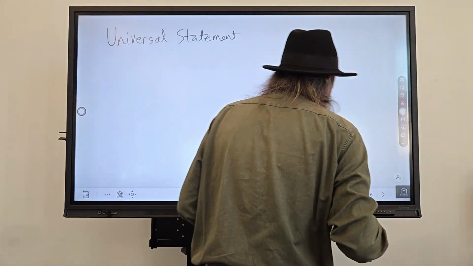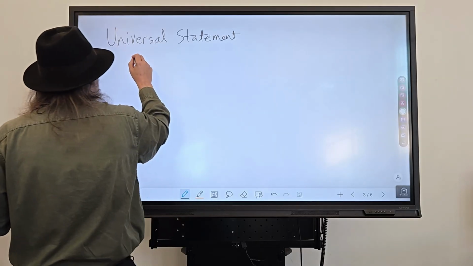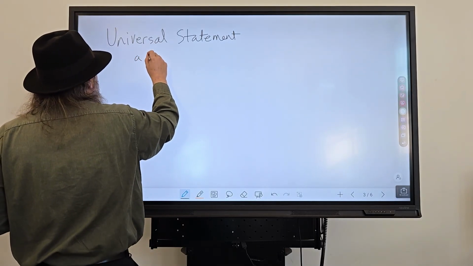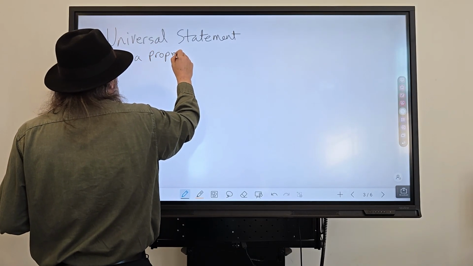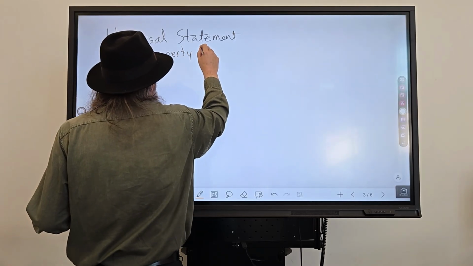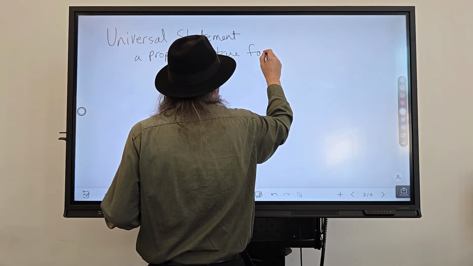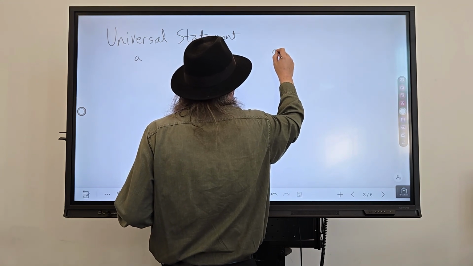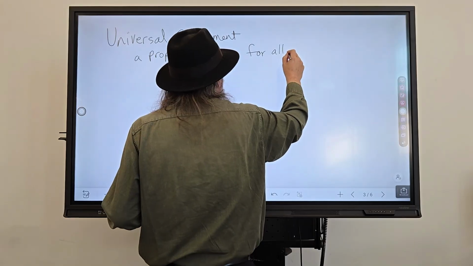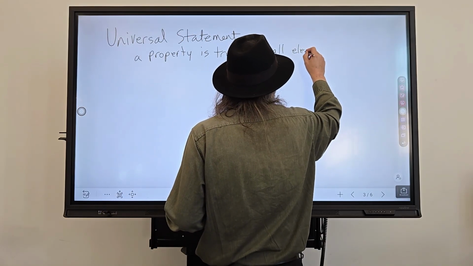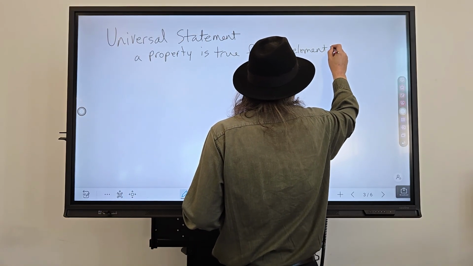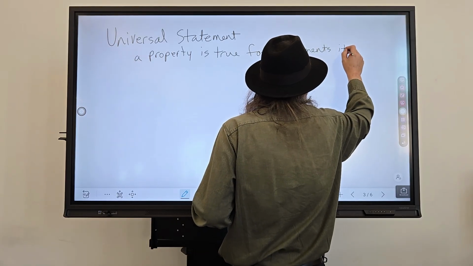A certain property is true for all elements in the set.